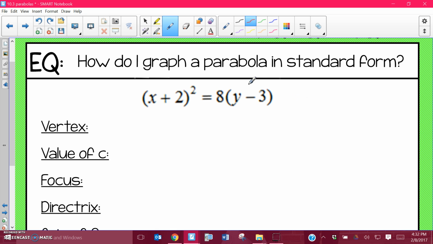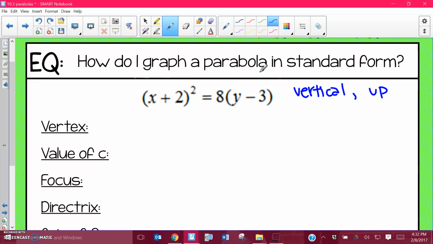Okay, so this is good. This is in standard form. I'm happy. If I look at it too, it's going to be a vertical parabola because I'm used to seeing an x squared. So this is going to be a vertical parabola. It's going to open up or down. And since this is a positive number here, we know that it's going to open up. So it's just like we were used to. It's just a couple different things we have to look at.